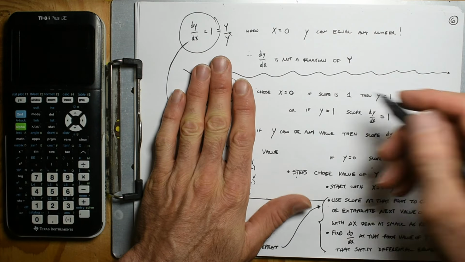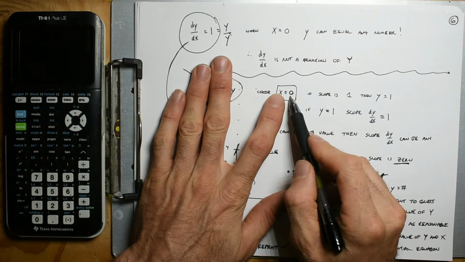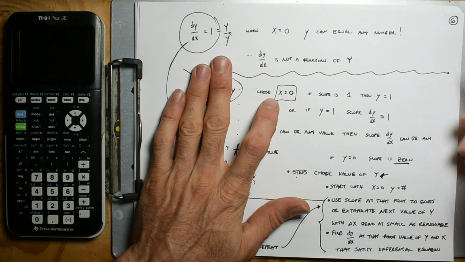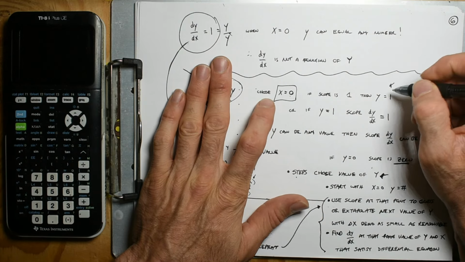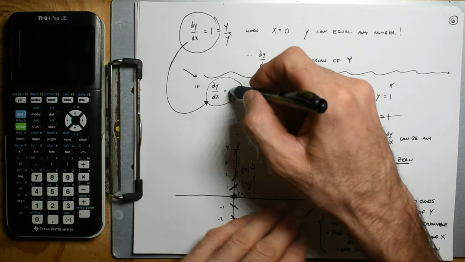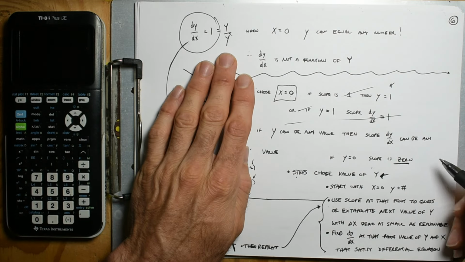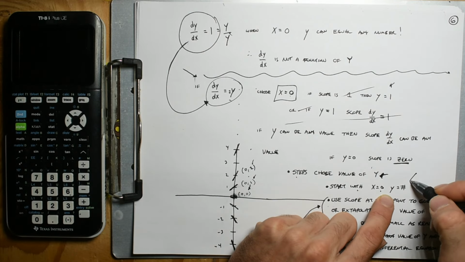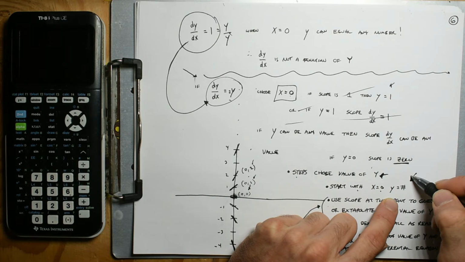I just lucked out that when I chose x is equal to 0, it really simplified it, and I got my first value. I can have y be anything. The slope's not going to change, so that part was for this kind of hiccup. Okay, so start with x is equal to 0. Choose your y that you want.